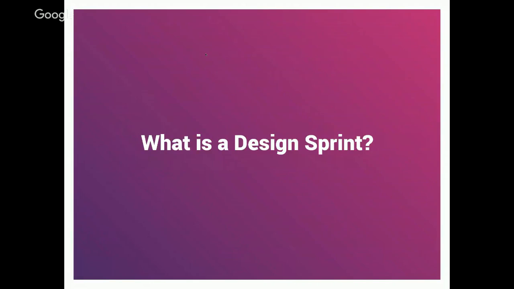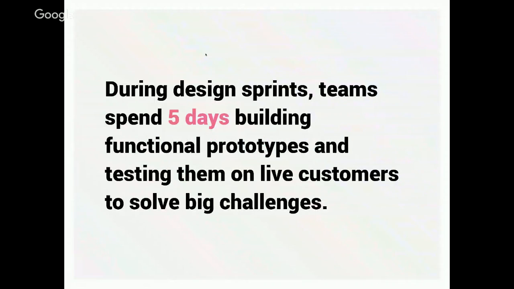By definition, a design sprint is this 5-day process for designing and building prototypes that you then test with live customers at the end of the sprint. And I think the value lies in the fact that it's 5 days. It's this packaged process which you can apply, which I think traditionally has taken teams weeks and months to figure out where they want to go with their features and products.